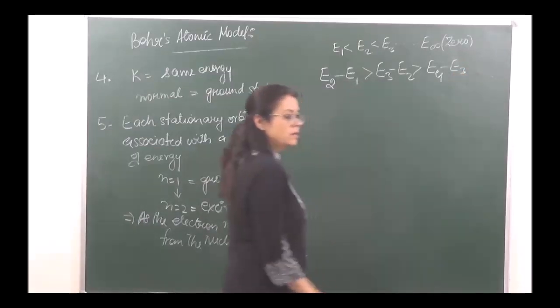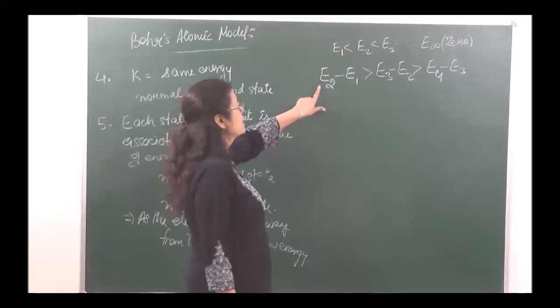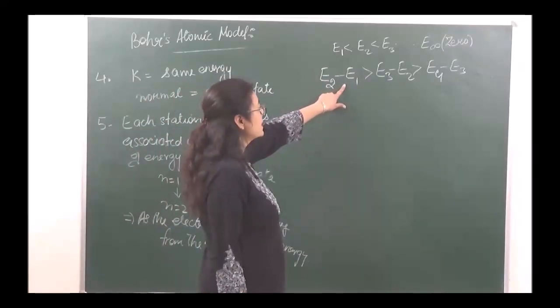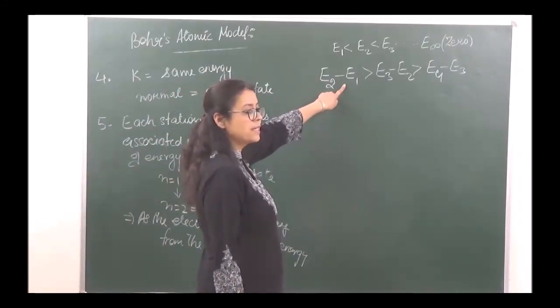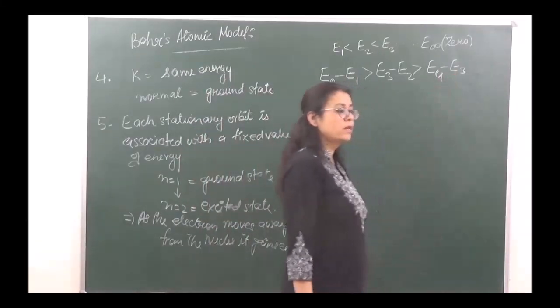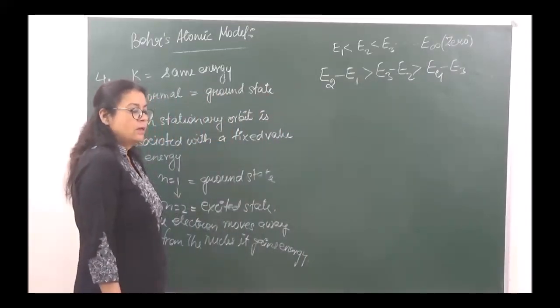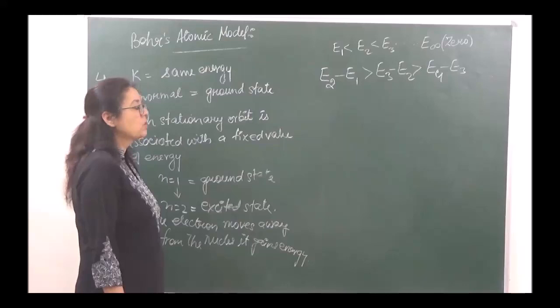When the transition is taking place from E2 to E1, the energy difference is going to be maximum, whereas from E4 to E3 the energy difference is going to be minimum. Have you understood?